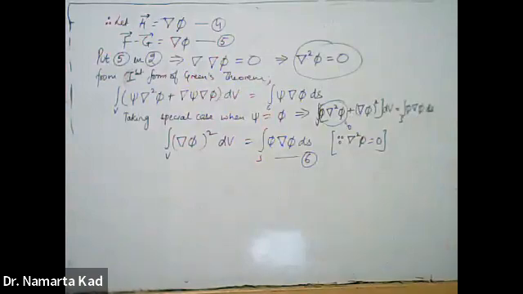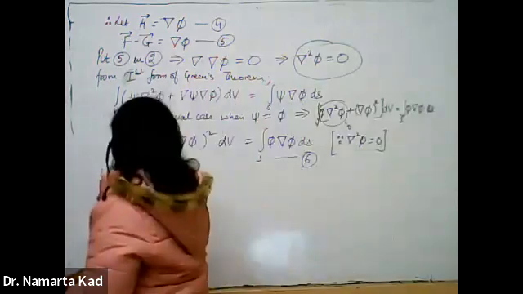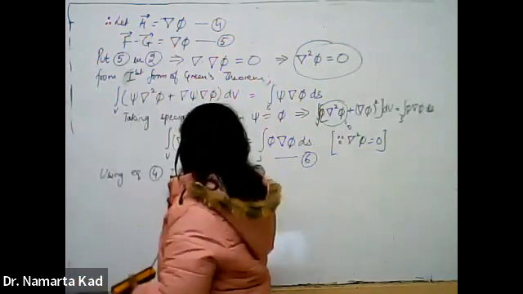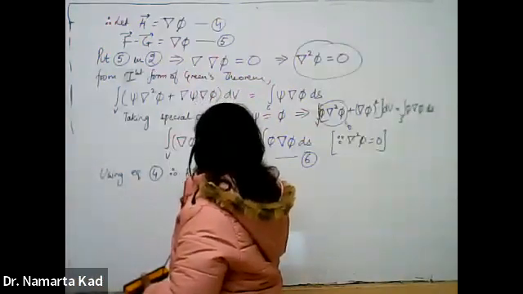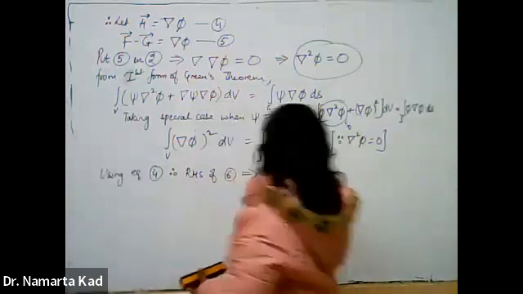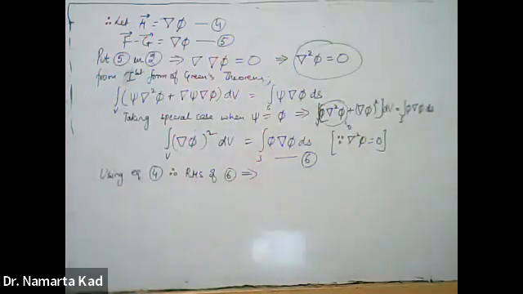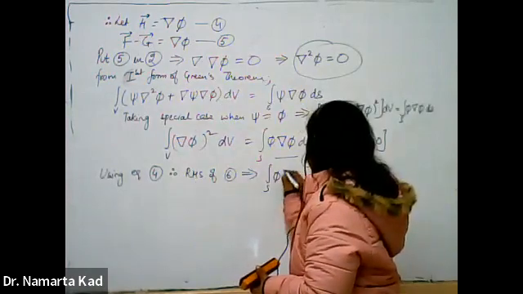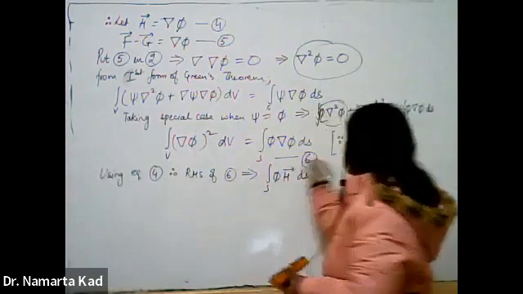Now using equation number 4 and rewriting equation number 6, the right hand side of equation 6 can be written as the surface integral of phi h vector ds.